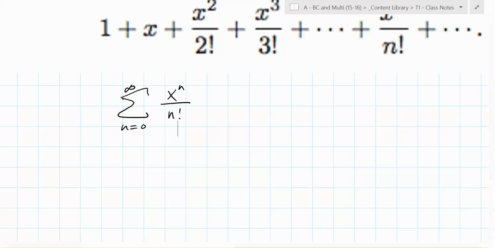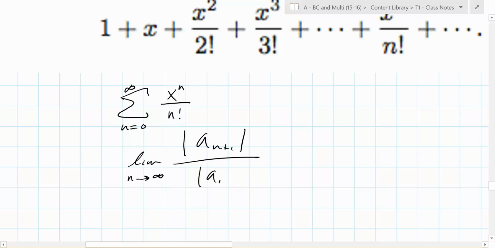Okay, so now we run the ratio test, which is the limit as n goes to what? Infinity of the absolute value of the next term over the absolute value of the current term. You remember this?